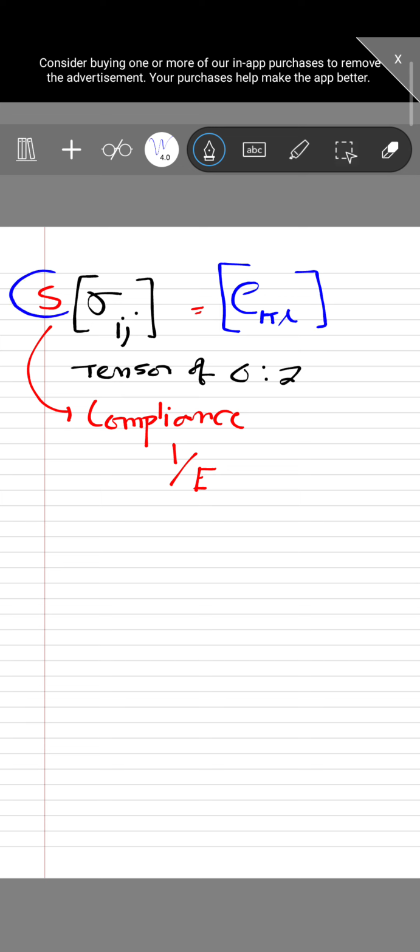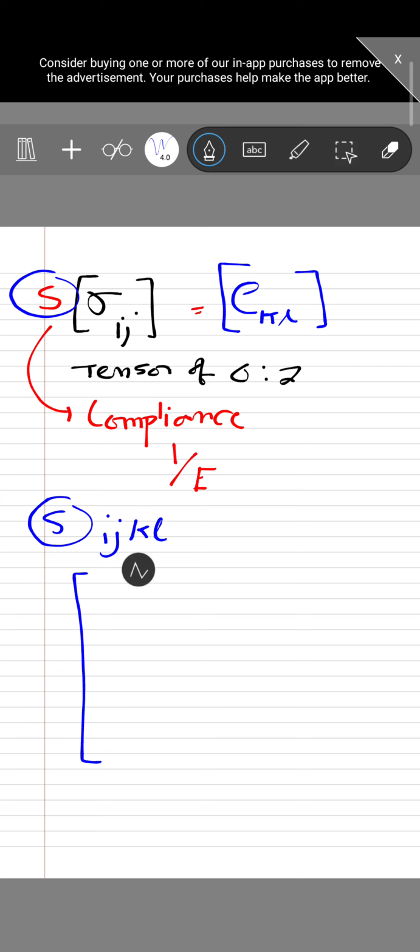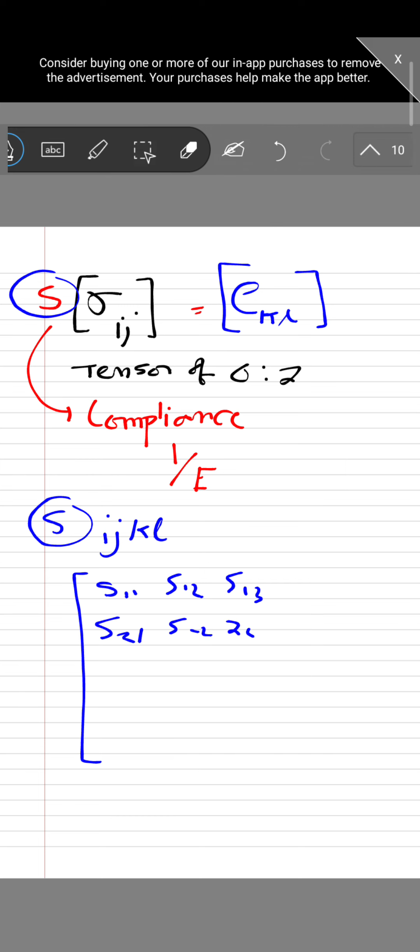Now this compliance will be expressed again by Sijkl, and in terms of a matrix you can write it as S11, S12, S13, S21, S22, S23, S31, S32, S33.